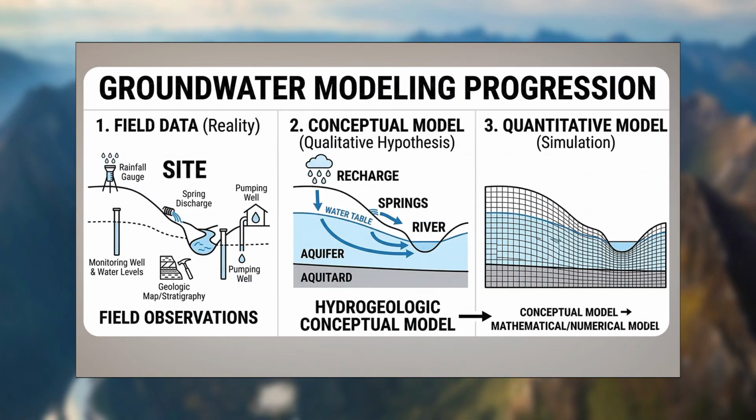The modeling process follows a systematic workflow starting with conceptual understanding of the water system. The first step in developing a quantitative model is formulating the conceptual model, that is a qualitative description of the flow system that summarizes known information and functions as a hypothesis.